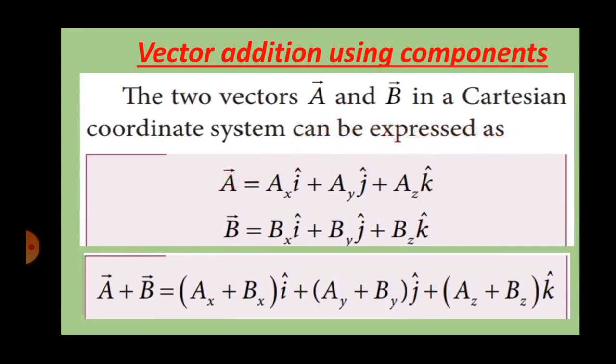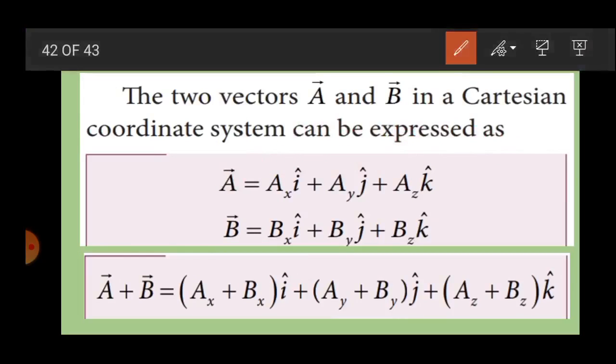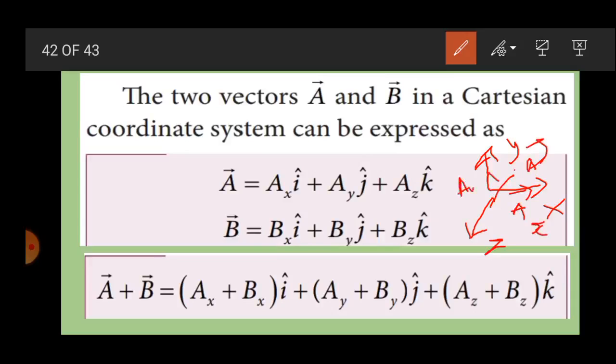Now listen, this is a three-dimensional Cartesian coordinate system x, y, z. This is a vector with respect to A vector: Ax along the x component, Ay along the y component, Az along the z component.